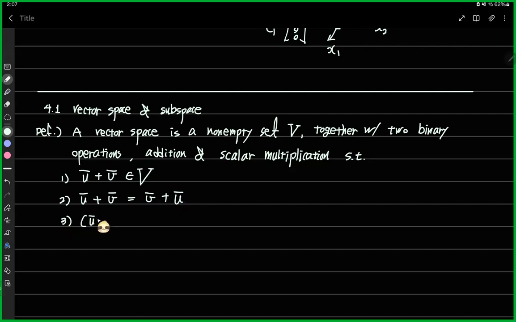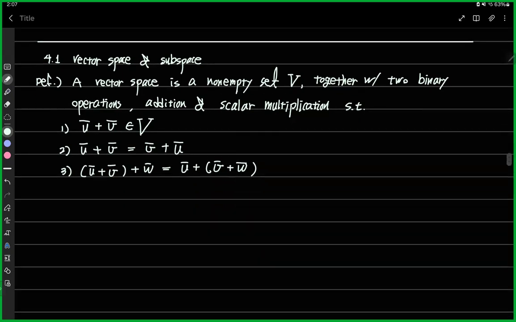The next one: u plus vector v plus w is equal to u plus v plus vector w. So it means that the vector space satisfies the associative property.